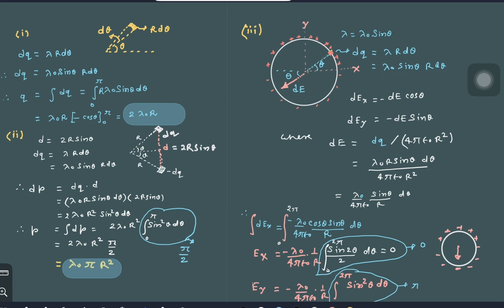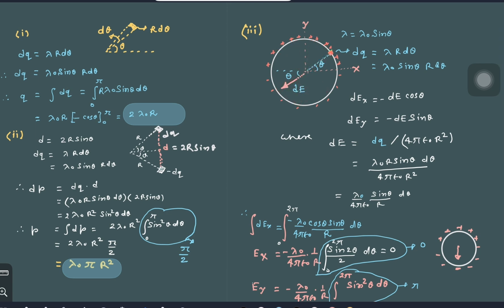Now field is a vector, that is important here. dq will create a field like this, and if we take another dq, we will get a field like this. So all the fields will be in different directions.